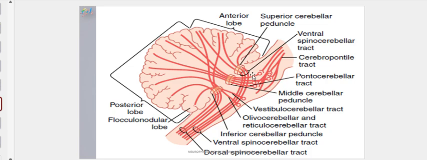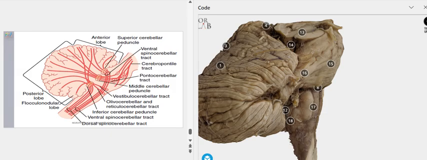Remember, the collection of these fibers as they enter into the cerebellum is normally referred to as the peduncle. The same peduncle we can demonstrate in our model over here.